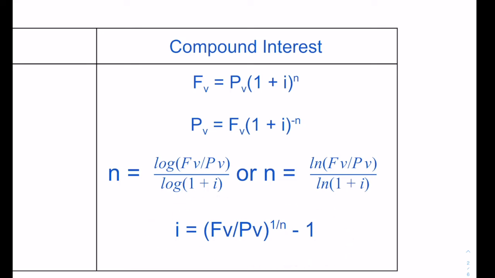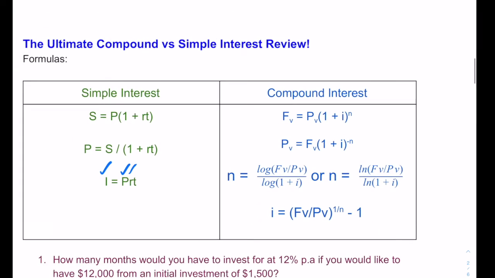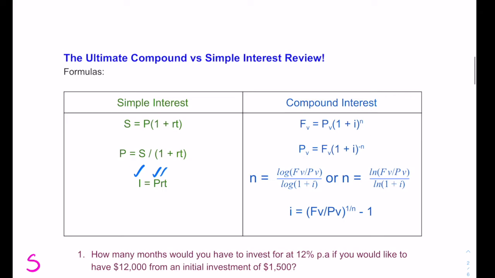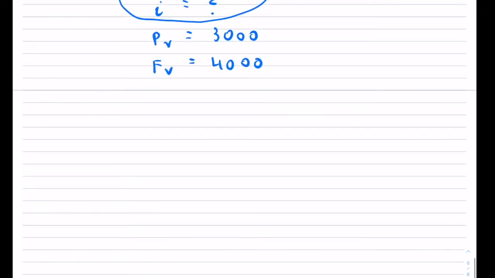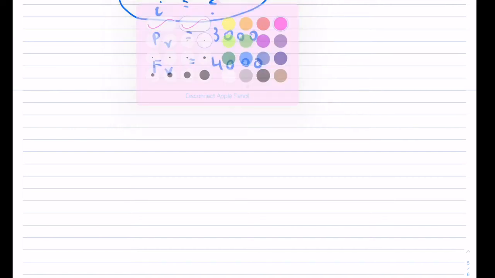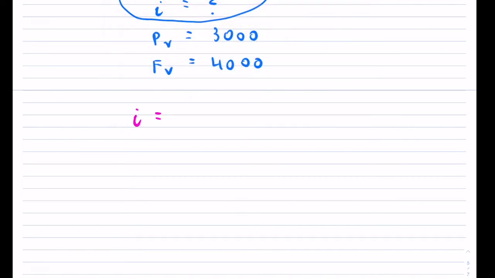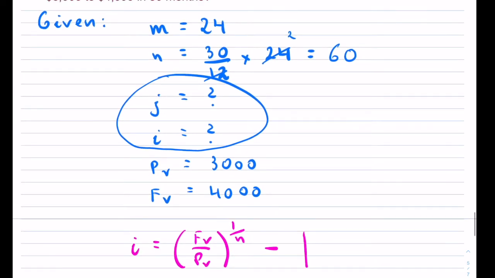All right, so this is the formula. Let's find I. If I go back to the question, let's write down the formula. I is equal to future value divided by present value, to the power 1 over n, minus 1. That's what I have to now solve. I can just plug all of this in.